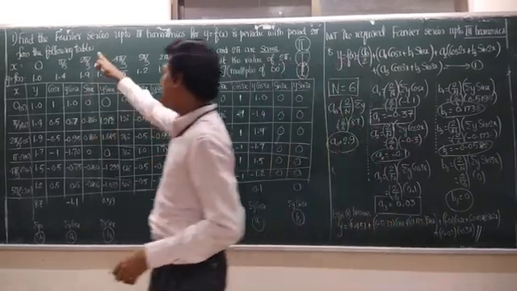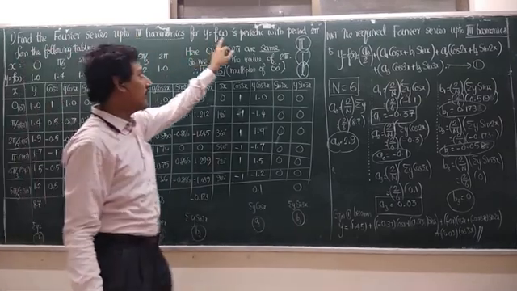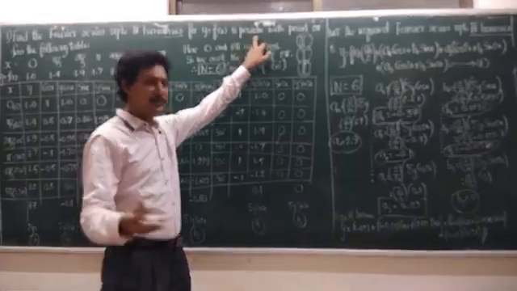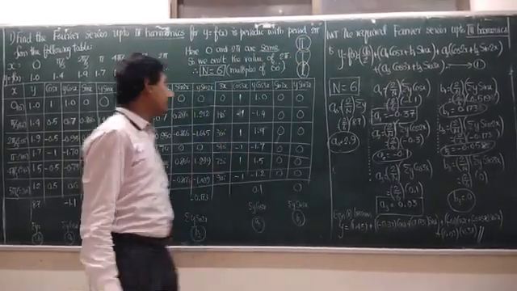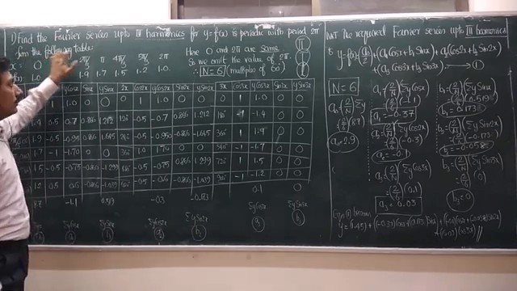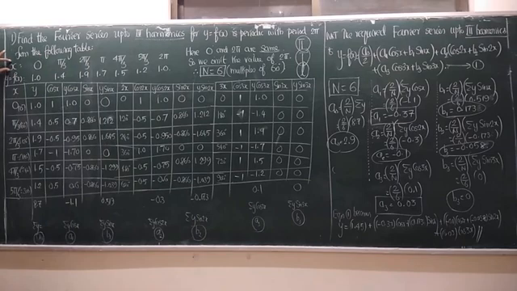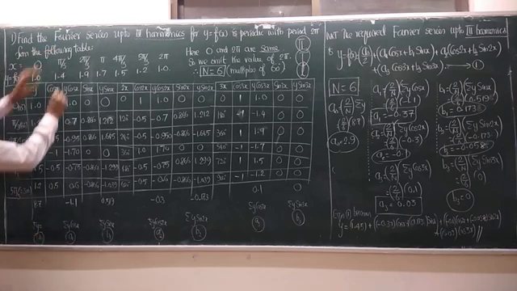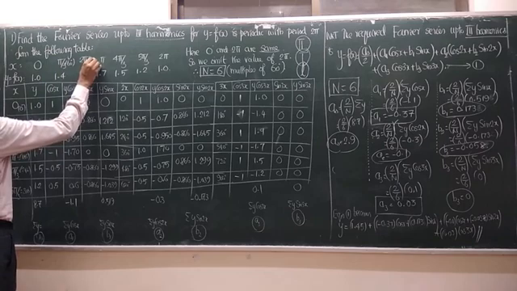Find the Fourier series up to third harmonic for the function y equal f of x, periodic with the period 2 pi. 2 pi means how many degrees? 360 degrees. From the following table, let us see the data. X is given, and the corresponding y values are given. 0, pi by 3, which is 60 degrees. 2 pi by 3, 120 degrees.